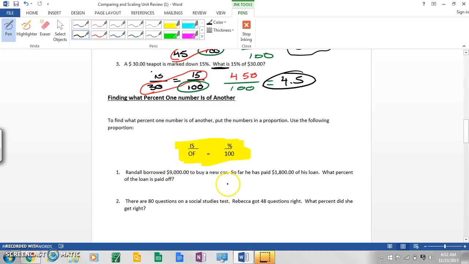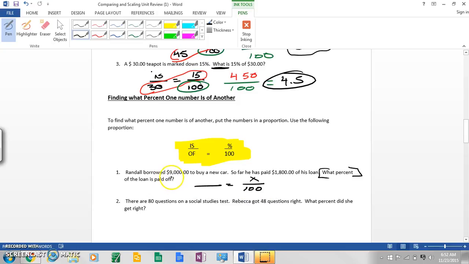Well, let's look at it this way. Let's set up our ratio first. We know the 100 is going to be down here. We know that we're trying to find what percent. I'm going to put an x here to indicate that that's what we're solving for.